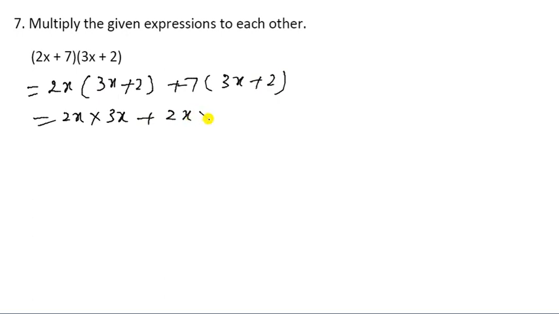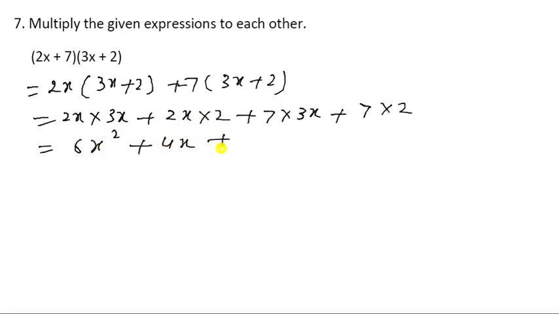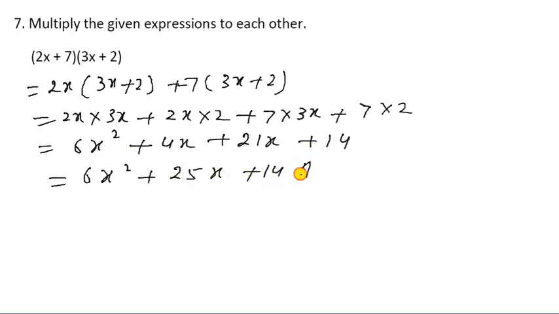So multiply again: 2x into 3x, and 2x multiplied to 2, and further 7 into 3x, and plus 7 into 2. Now 2 threes are 6, x square, plus 2 twos are 4x, and here 7 threes are 21x, and here 7 twos are 14.